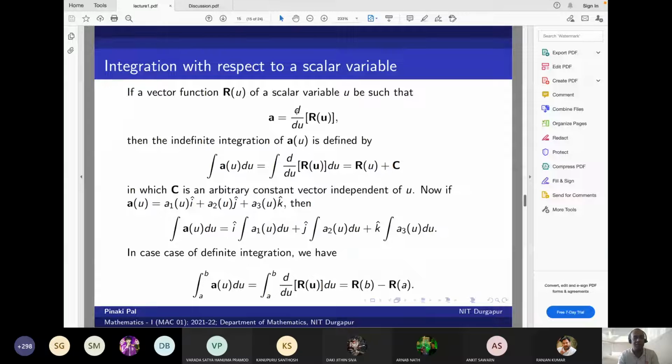Then we'll get the derivative, and i, j, k are constants. So therefore we'll get a vector A. And if this happens, then the indefinite integration of A with respect to u, the independent scalar variable u, is given by R(u) plus C. C is an arbitrary vector constant.